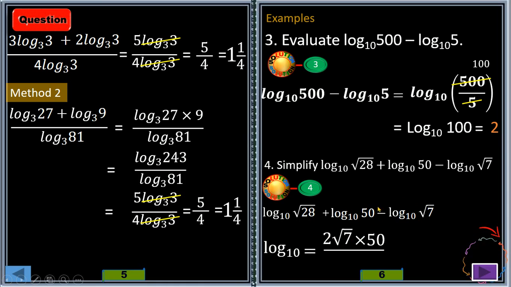Then this subtraction becomes the division law here, and that will give us square root of 7 divided by square root of 7. Then that will give us log 100. Once again, the number of zeros we have here, there are 2. So therefore that will give us 2 as our final answer.